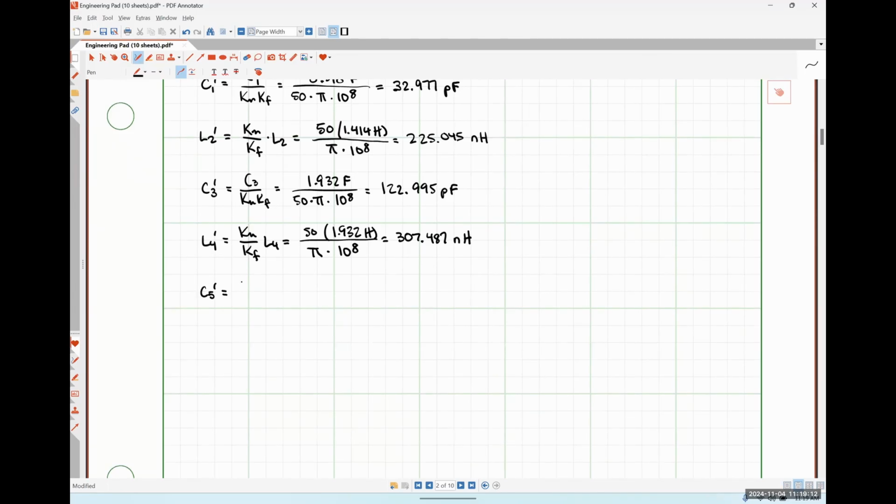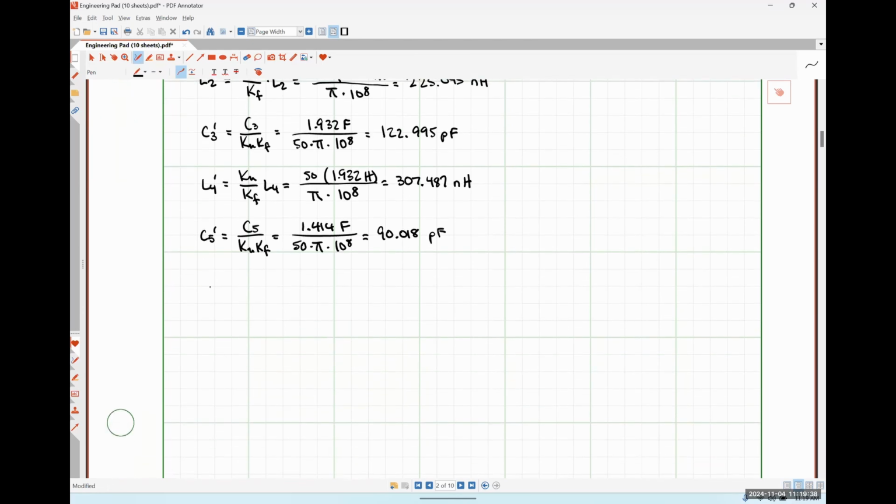C5 prime, once again, C5 over Km Kf. That's 1.414 farads over 50 times pi times 10 to the 8, which is 90.018 picofarads.